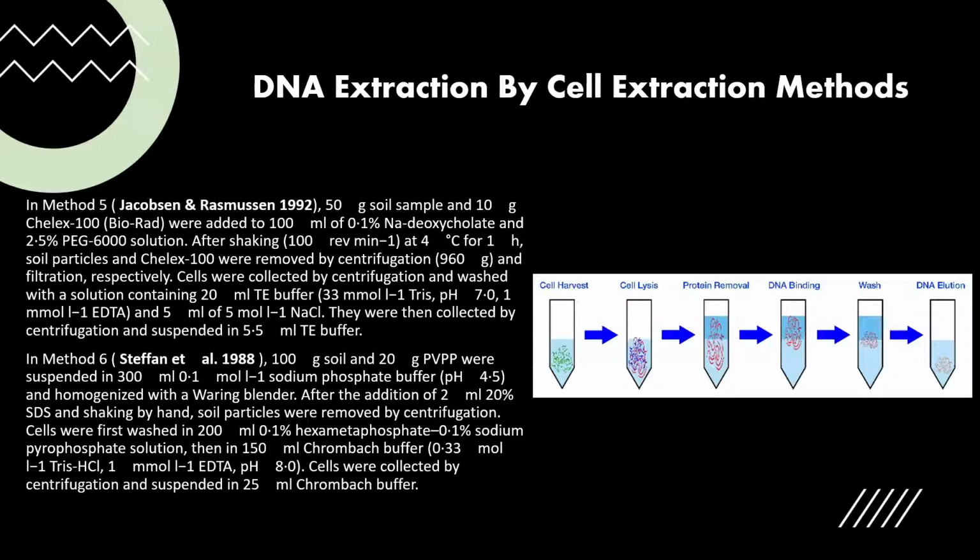Cells were first washed in 200 milliliter 0.1% hexametaphosphate, 0.1% sodium pyrophosphate solution, then in 150 milliliter chrome batch buffer, and cells were collected by centrifugation and suspended in 25 milliliter buffer.